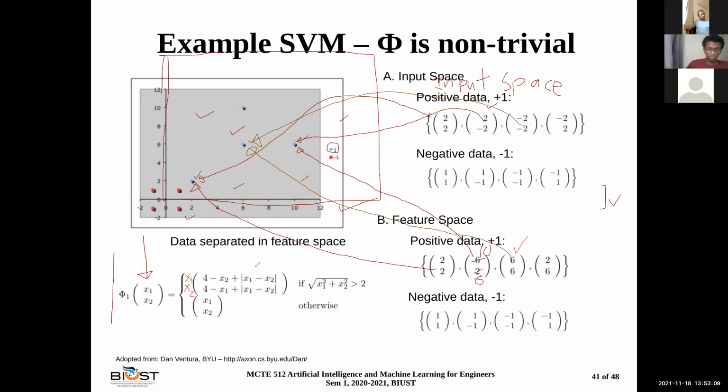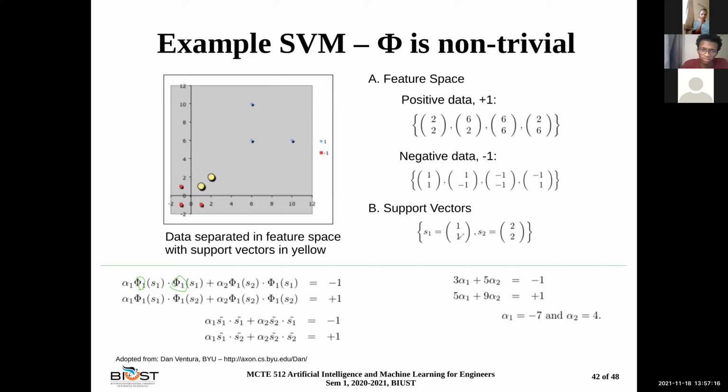That means that you transform them into the feature space. Our support vector is 1, 1, and the other support vector is 2, 2. Now we transform them into the feature space.